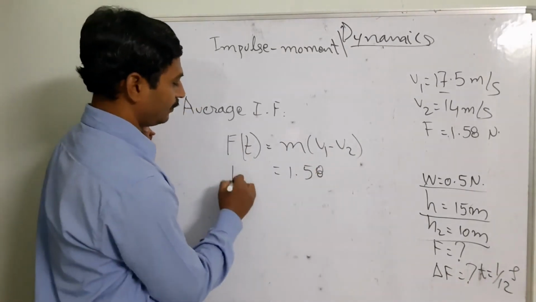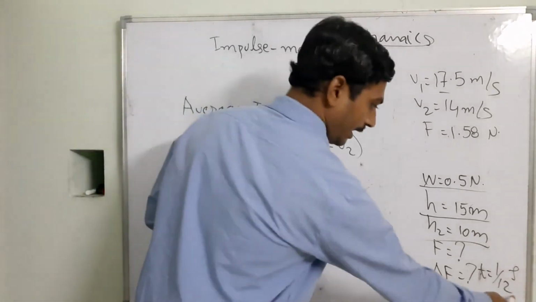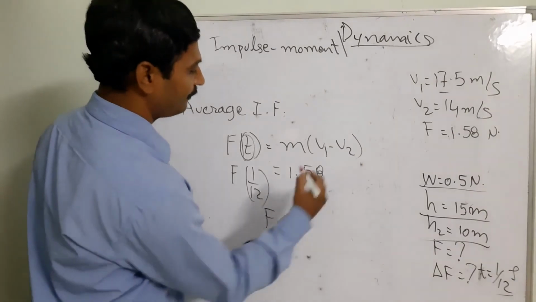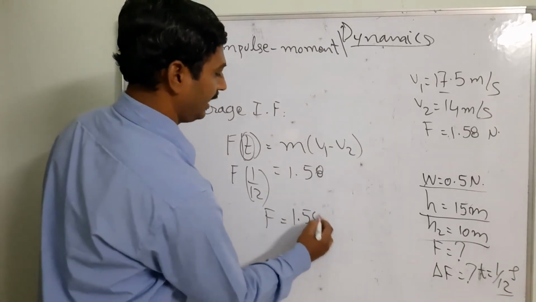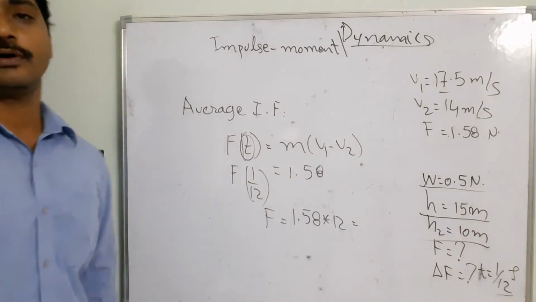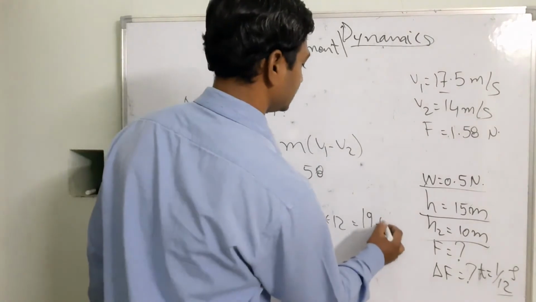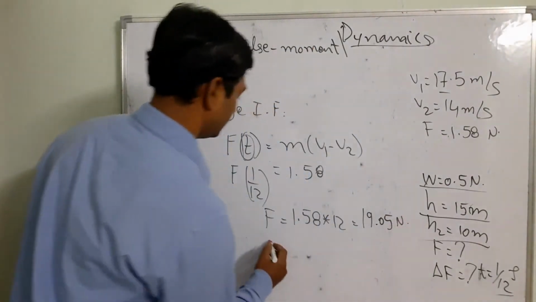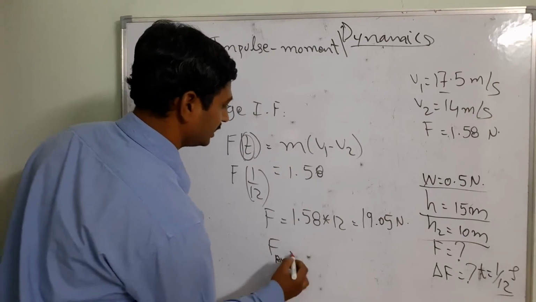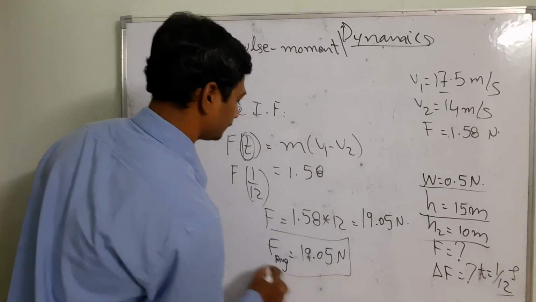And t is how much it was in contact with the floor? 1 by 12. Then F is equal to 1.58 into 12. So what is the value of this one? I got around 19.05 newtons. So the average force here is 19.05 newtons.